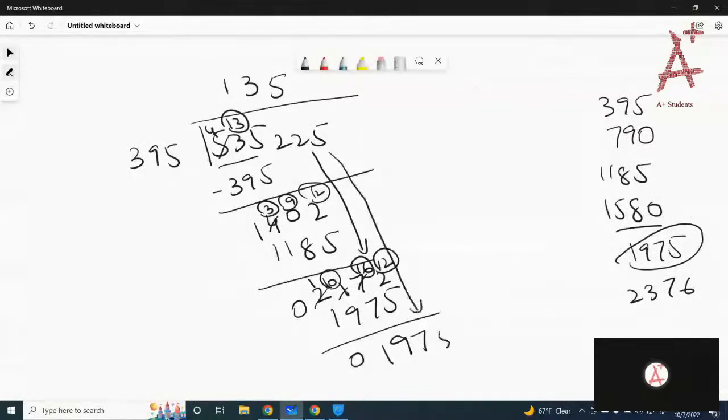Just bring it down. Here you have 1975. That would be 395 times 5. Got it? So it is 1975. That means when you divide 535,225 by 395, the answer is 1355. Got it? Select the correct option and click on the OK button.